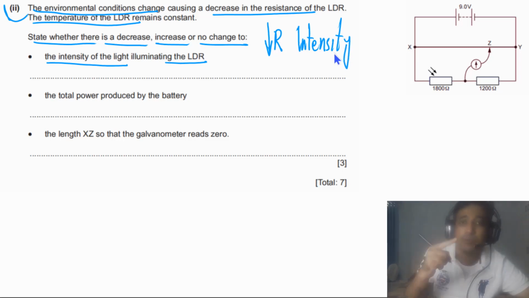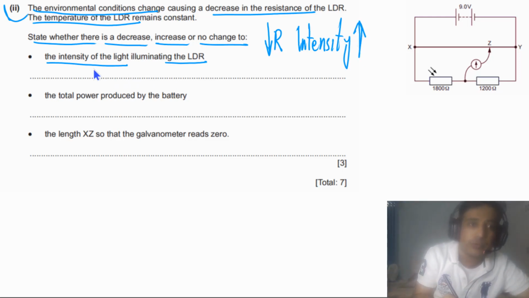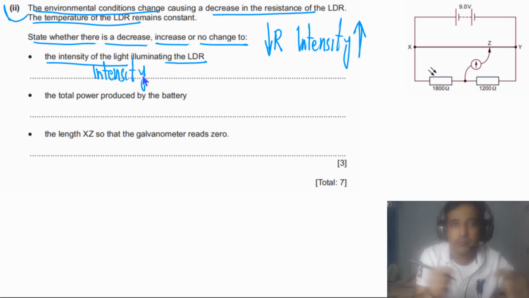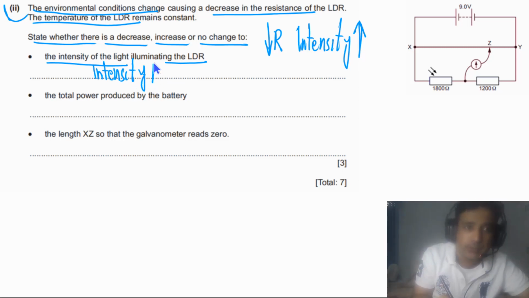Intensity of the light illuminating the LDR means the light falling on the LDR. Intensity of that light has to increase. So simply we can say intensity increases. It's a very important point. You need to understand how intensity and resistance are linked with each other. So intensity increases, simply we can write that here.